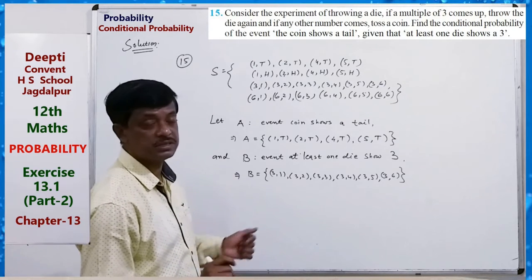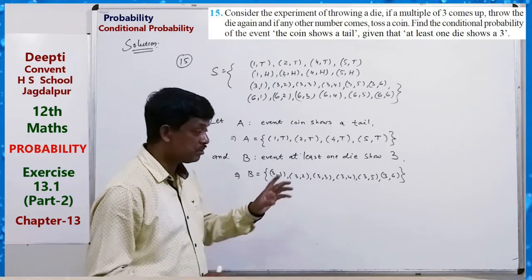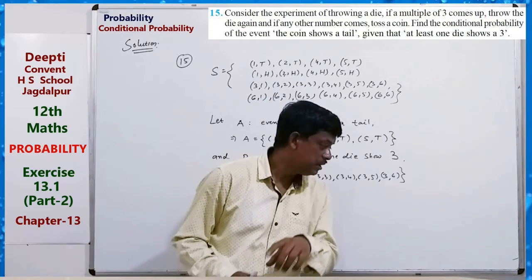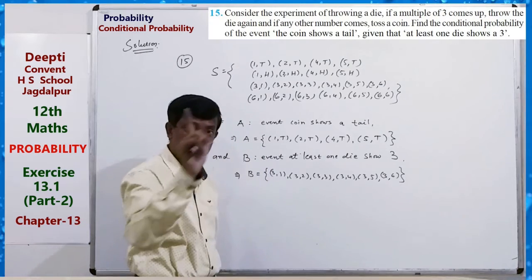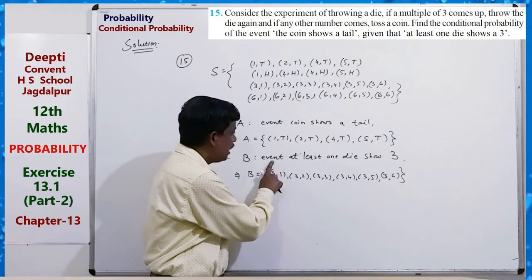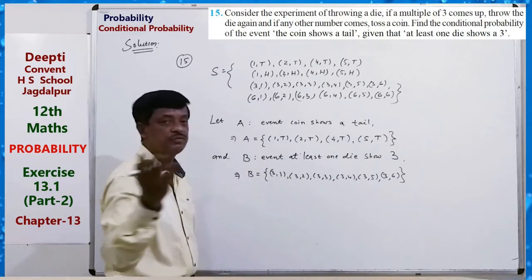Okay, now we have to find the conditional probability. Conditional probability means P(A|B), because we want the conditional probability that the coin shows a tail given that at least one die shows 3. That is P(A|B) we have to find.